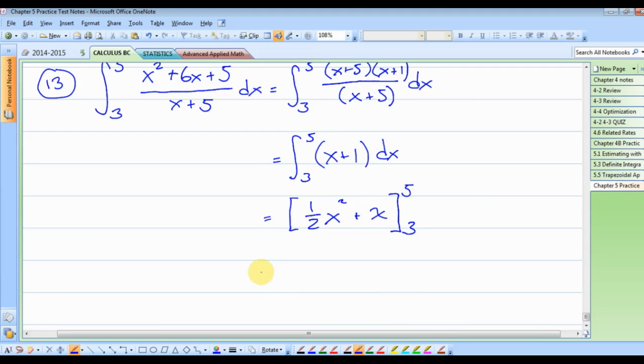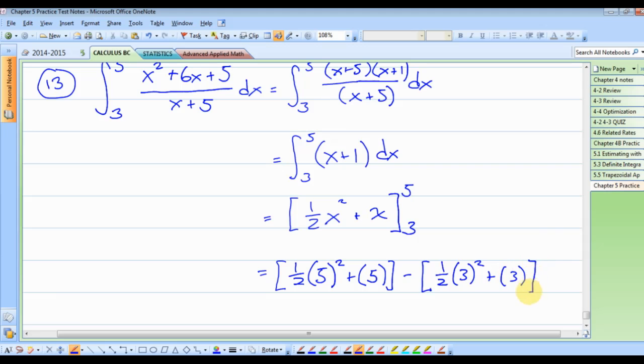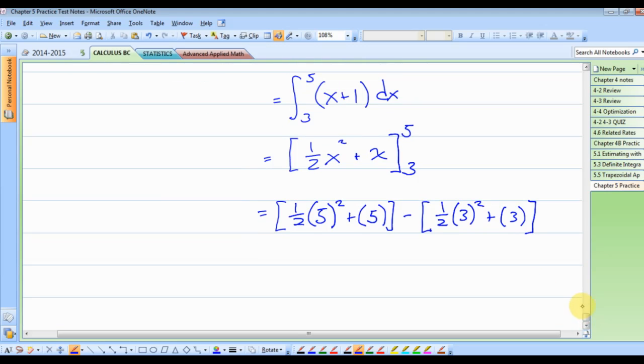Let's see, this is equal to... No, I can't go that fast. I mean, I can go that fast, but there's someone in class who's not going to be able to go that fast. Okay. Let's open this up and simplify.